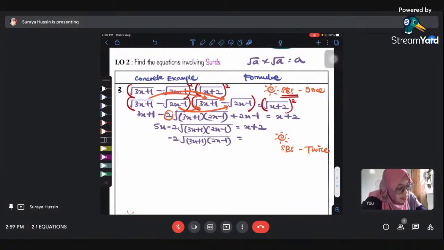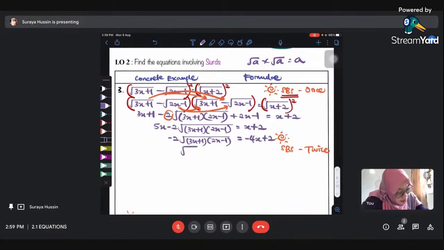Dan saya menyelesaikan x tambah 2 dengan 5x ni. So I minus 5x for both sides. Tolak. I will get here negative 4x plus 2. Ooh, very interesting.